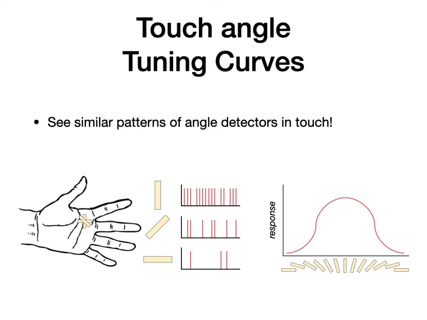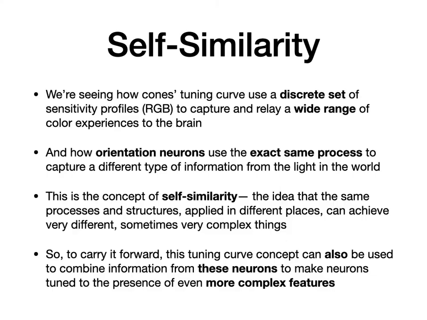The exact same thing. There are tuning curves designed to capture those relationships. So this brings us to an interesting concept that is key to understanding brain activity: self-similarity. We're seeing how the cones' tuning curves use a discrete set of sensitivity profiles, right?